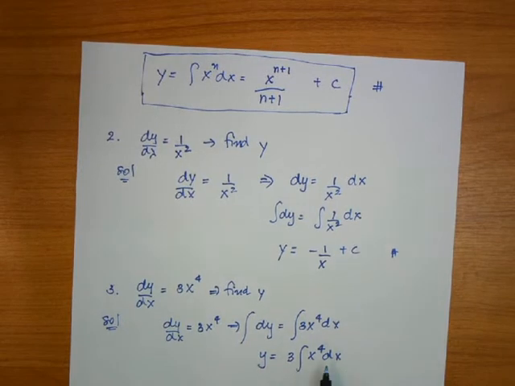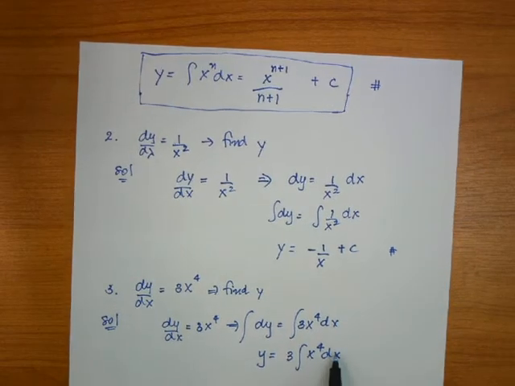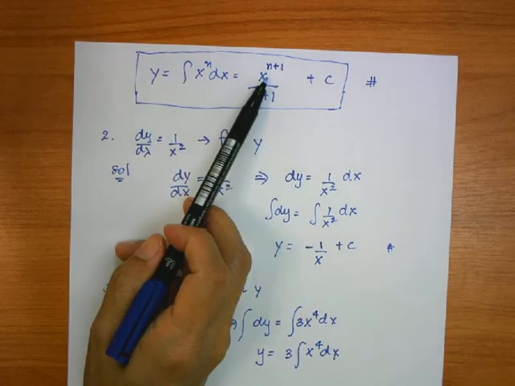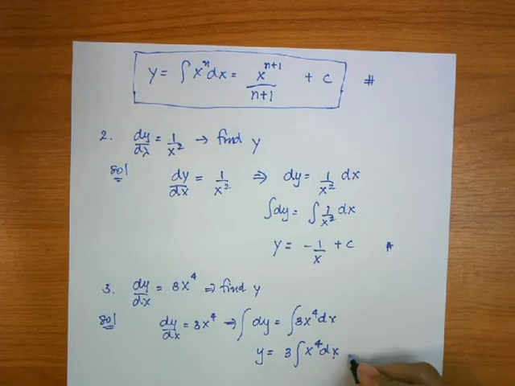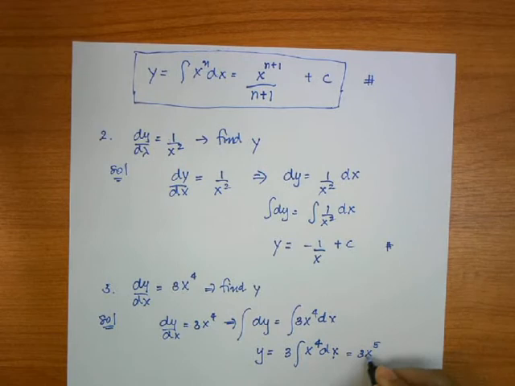So what is the result of the integral of x to the power 4 dx? Now n is equal to 4, so x to the power 5 divided by 5.